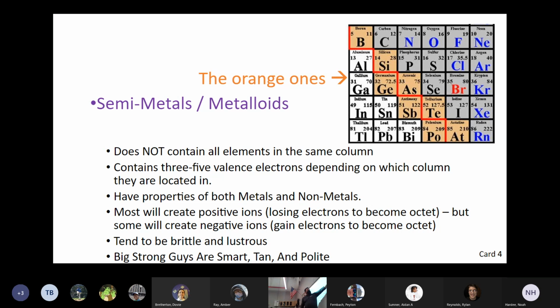Big, strong guys are smart, tan, and polite. It helps you remember which ones are semi-metals. But again, they make up that staircase that separates the metals from the non-metals.